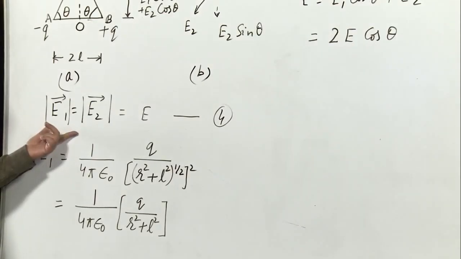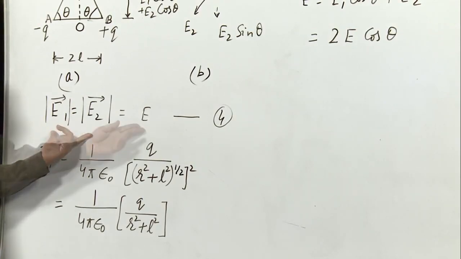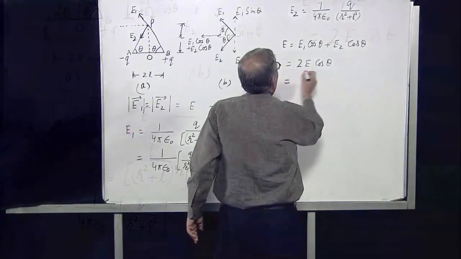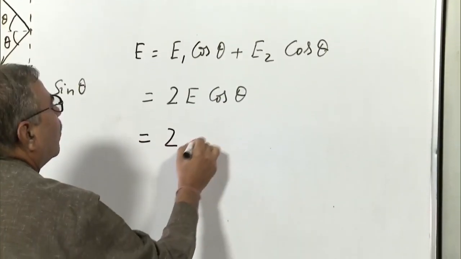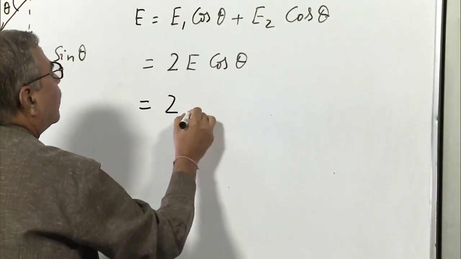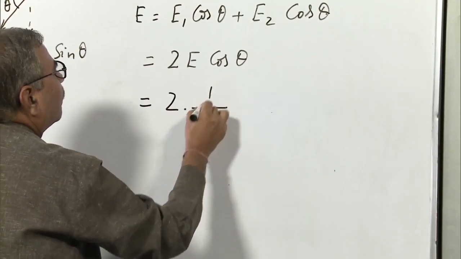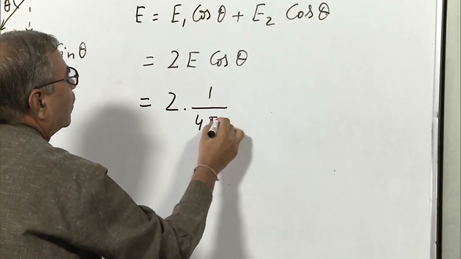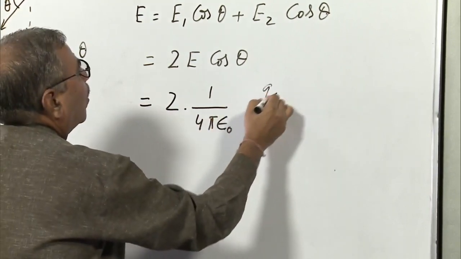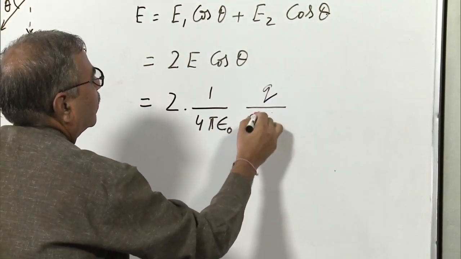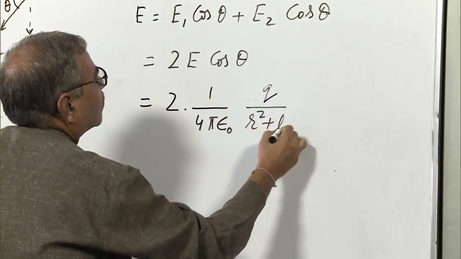Because magnitude of E1 and E2 are same, I have represented it by E. Substituting the value of E from here, 2 into 1 upon 4 pi epsilon naught Q upon r square plus L square.